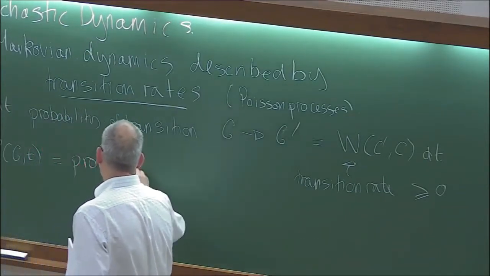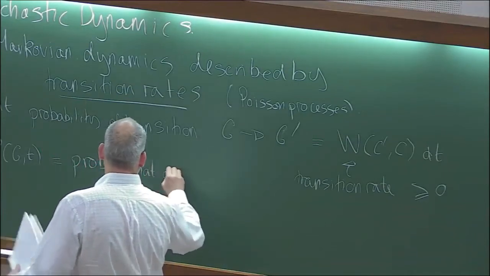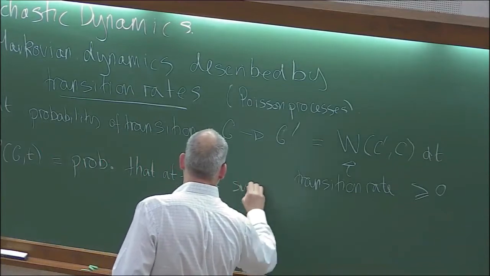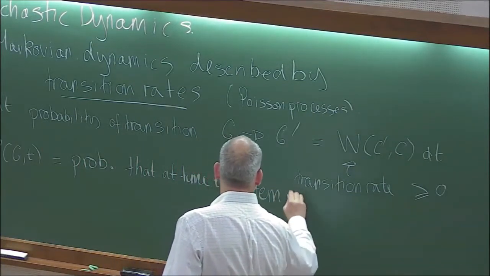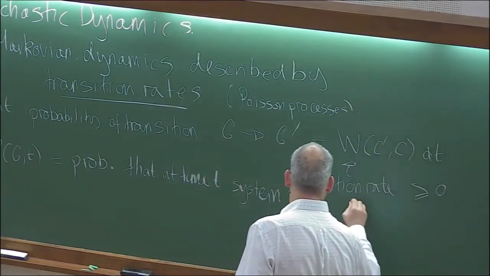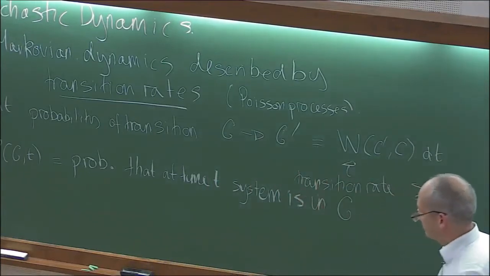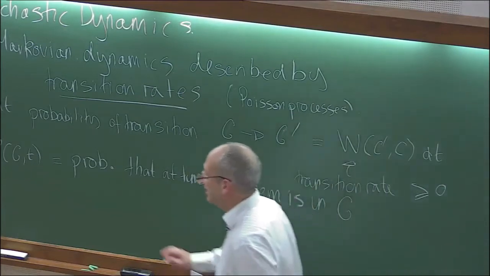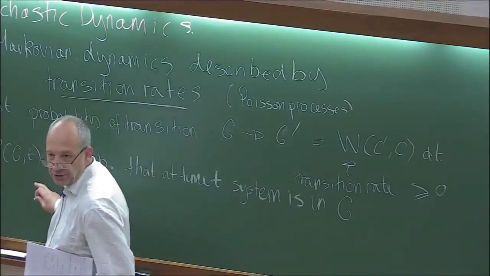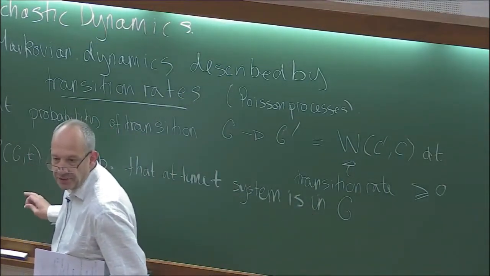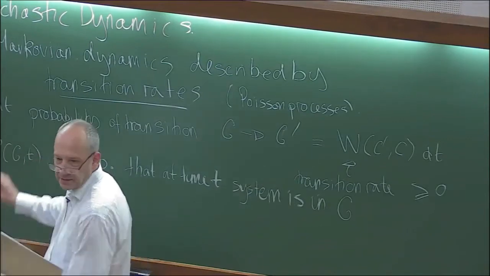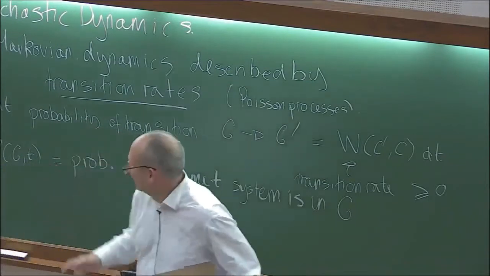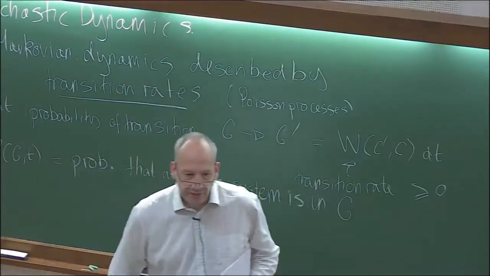There's a prob that at time t, the system is in configuration C. Now, one thing you note here is that strictly I need to say what the initial condition was. It's going to depend on the initial condition, but I've suppressed that, otherwise it gets a bit long to write out. But remember, there's always an initial condition that we have to specify.